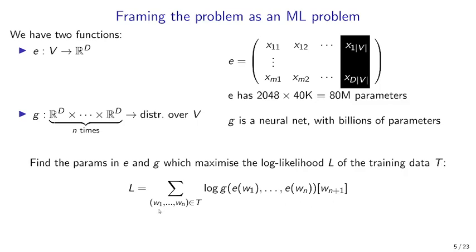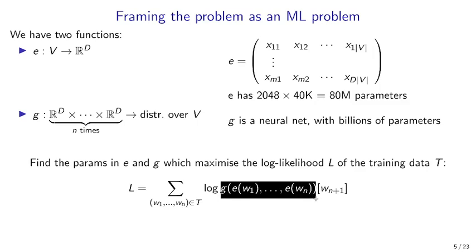So imagine we have some training data. It is billions of sequences that we are going to train on. For each of those sequences we look at the probability that that sequence will give us the following word in the training data.